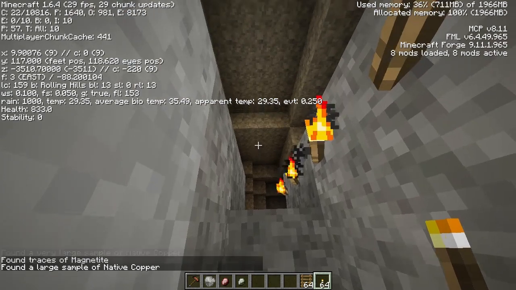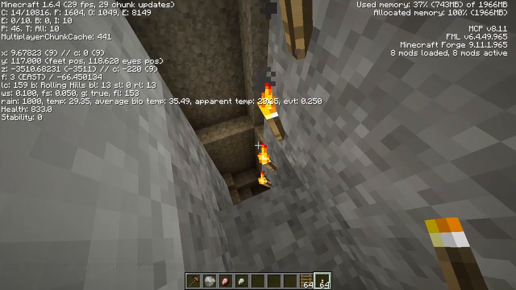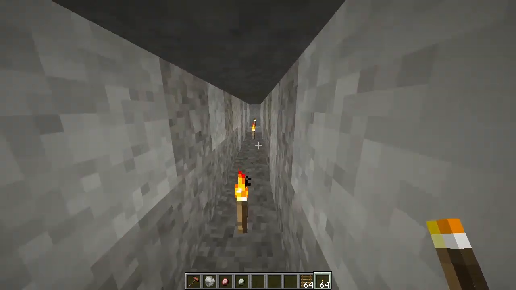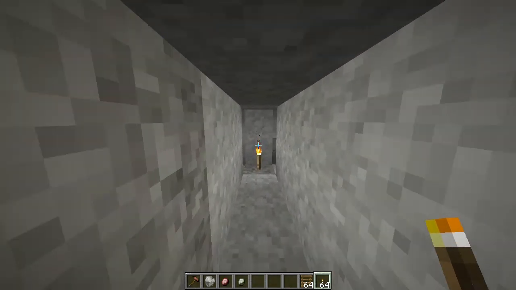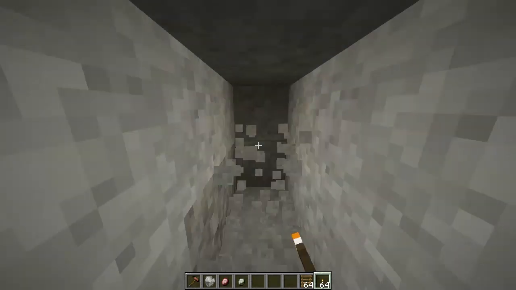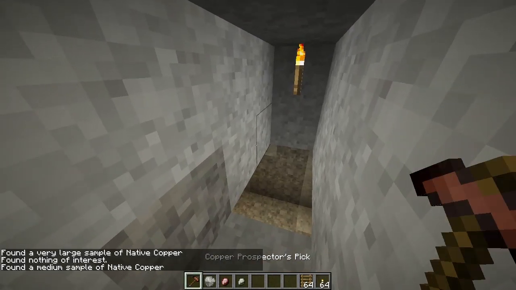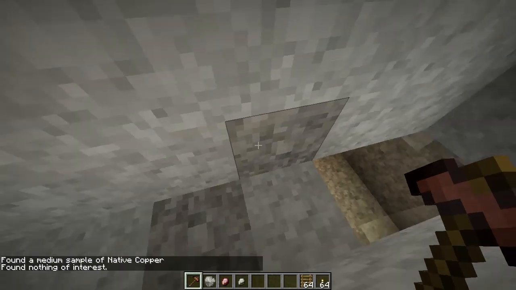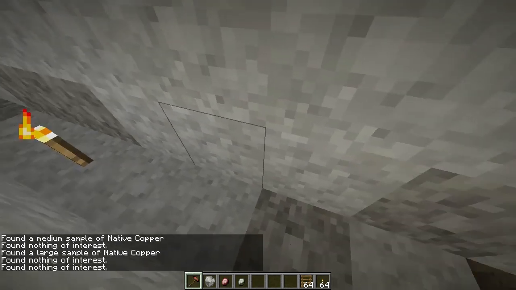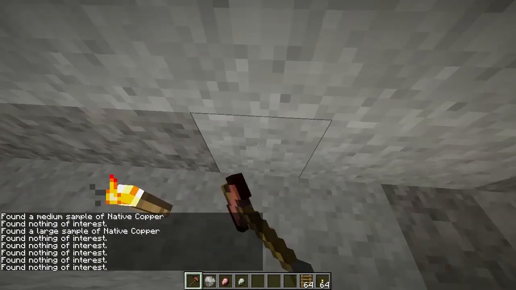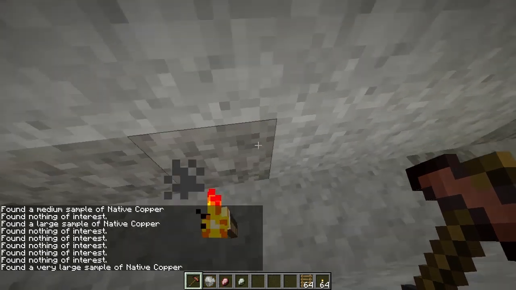And our x coordinate, since we're going east and west, is at about 10. So now we'll go back the other direction. Once again we hit a cave, but that's okay because we've got a medium sample. Large, once again lots of false negatives, very large.